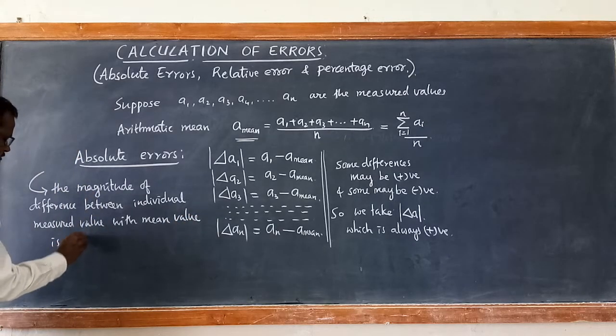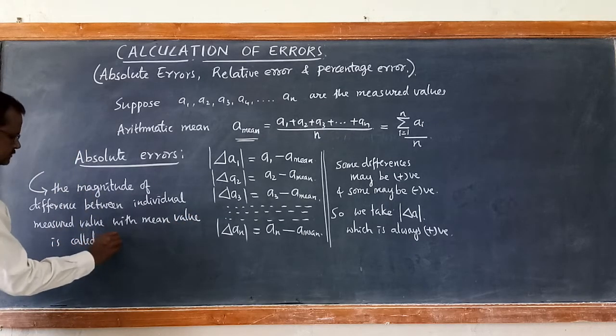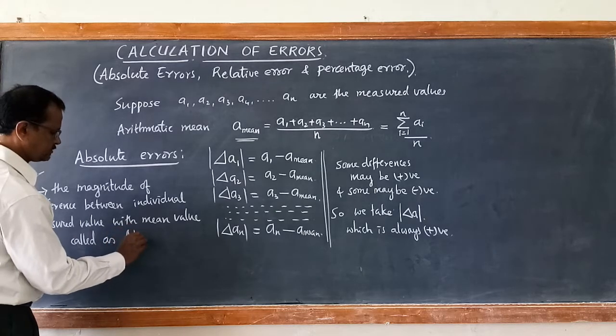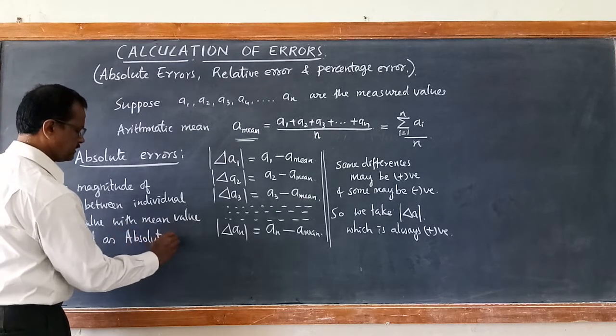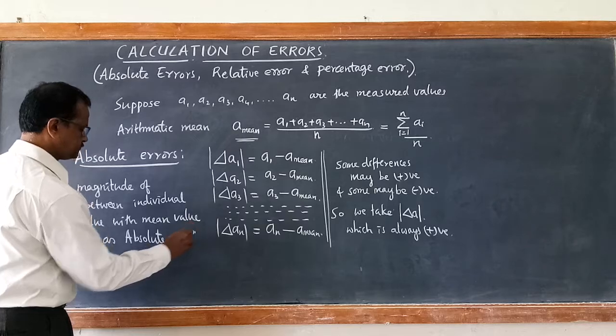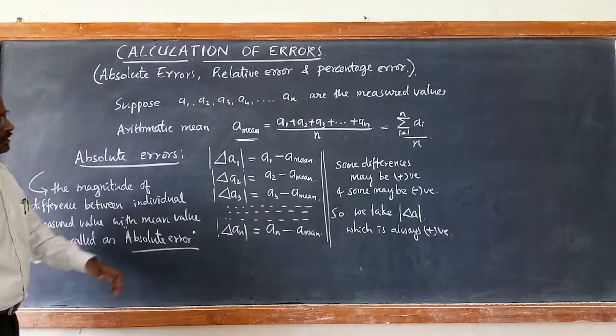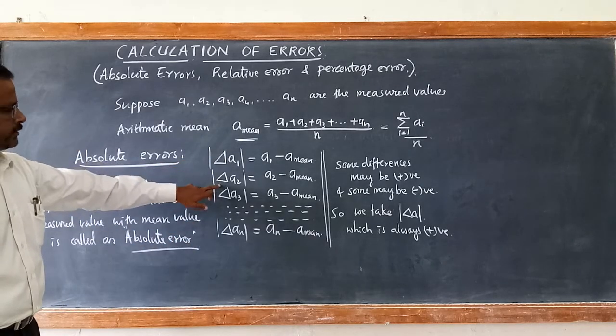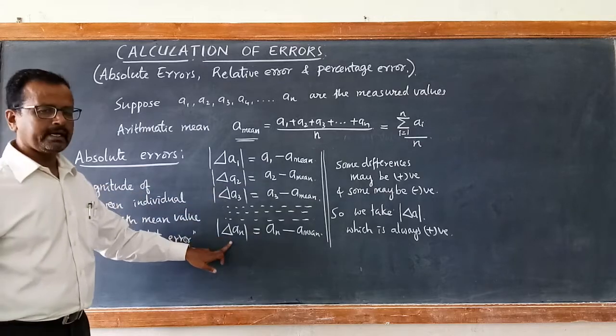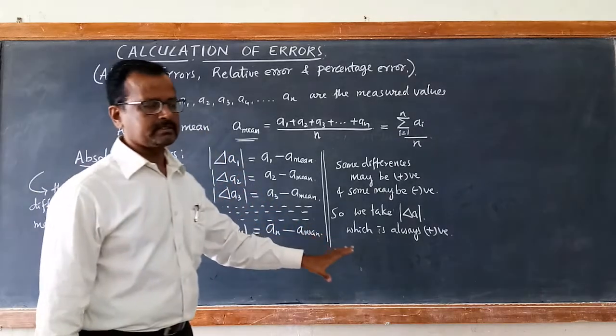That is called the absolute error. So we got delta A1, delta A2, delta A3 and so on up to delta An as the absolute errors.